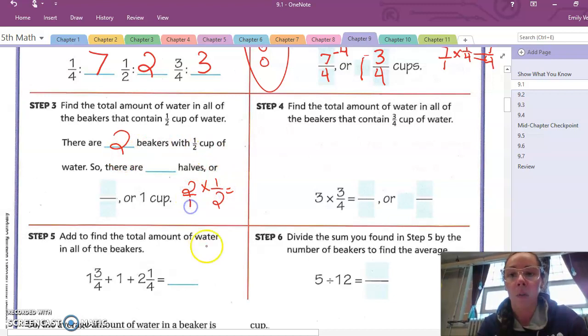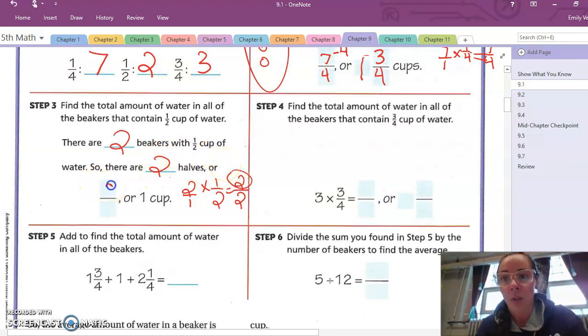Put the whole number over 1. 2 times 1 is 2. 1 times 2 is 2. So there are 2 halves, this number right here, 2 halves, or 2 over 2, which is 1 cup, because remember, anytime the numerator and the denominator are the same, it's 1 whole.